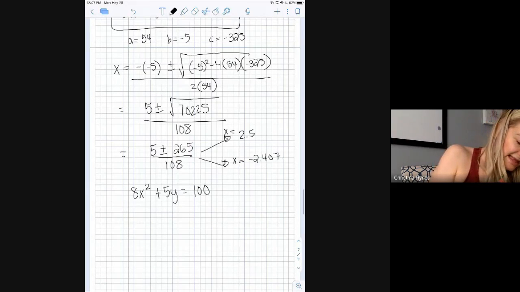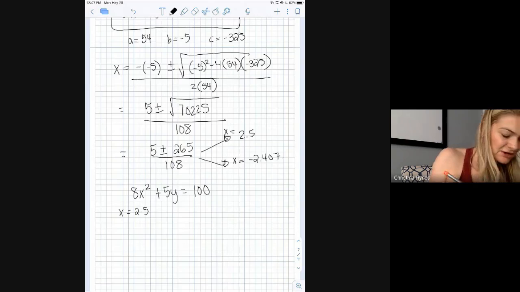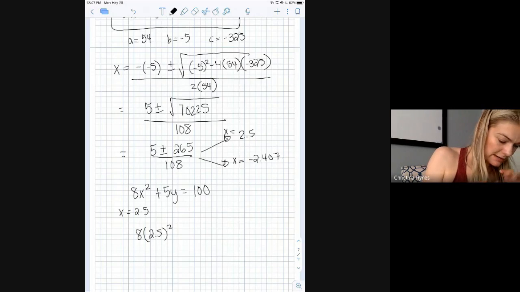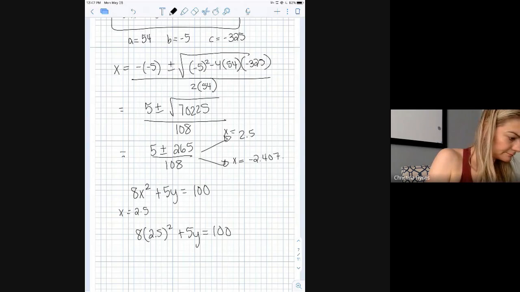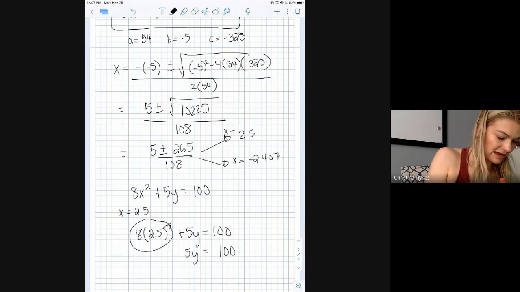So we're going to plug in x equaling 2.5 and solve for the y coordinate. So 8 times 2.5 squared plus 5y equals 100. We're going to isolate for y. So 5y, this is going to be 100 minus this whole thing, guys, equals 50.